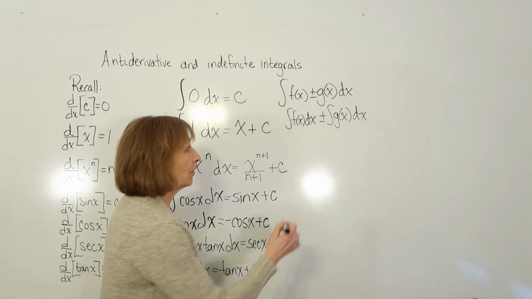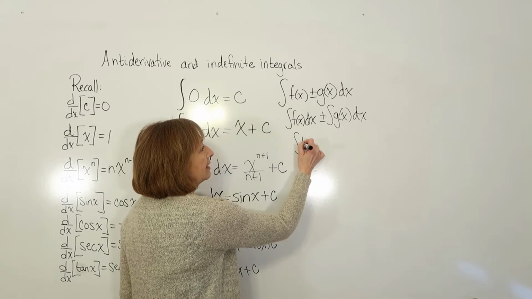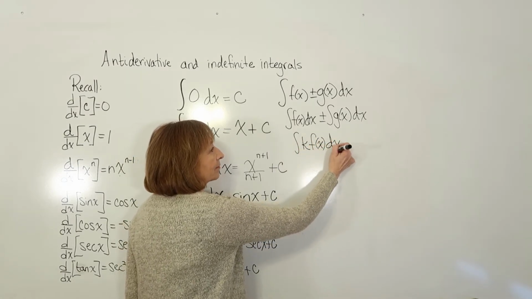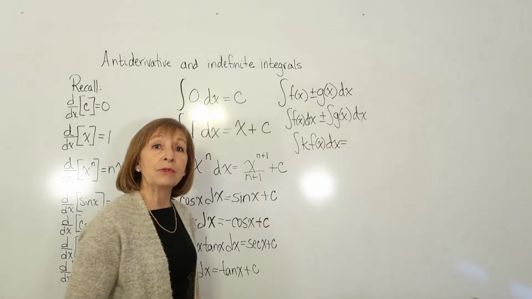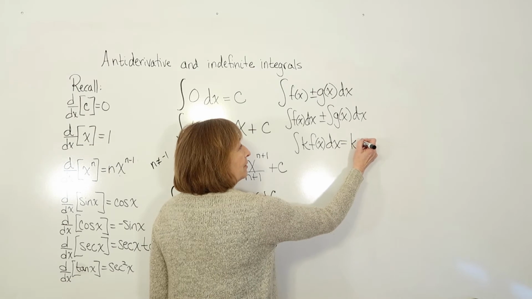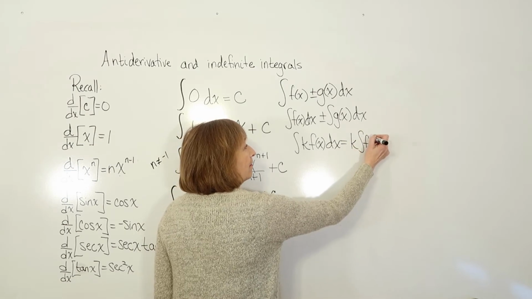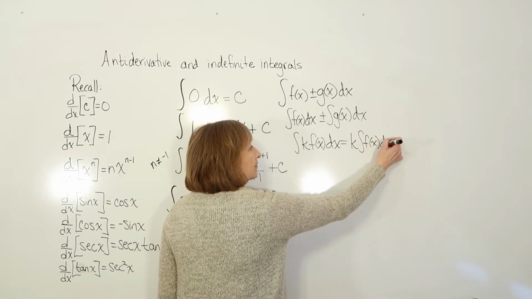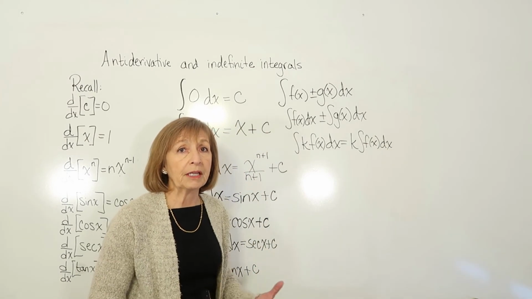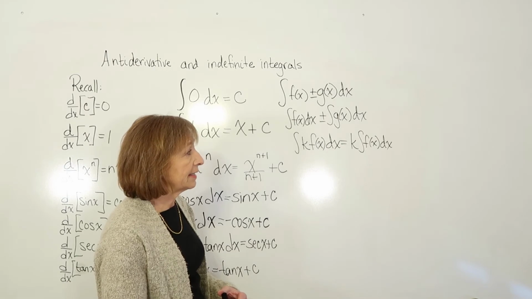And then also, the integral of a constant k times a function f of x dx is equal to, you can pull the constant factors out in front of the integral. So it's equal to k times the integral of f of x dx. Those properties will help us a great deal when we are working with our specific examples.